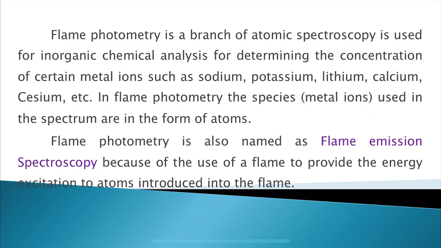Just like how we discussed conductometric titrations in our previous classes, where we used a conductometer to measure conductance, flame photometry is a technique in which we use a flame photometer, a device used in inorganic chemical analysis to determine the concentration of certain metal ions, mainly sodium, potassium, lithium and calcium.